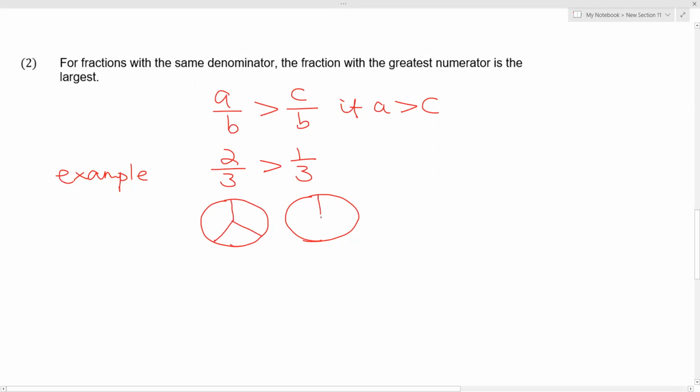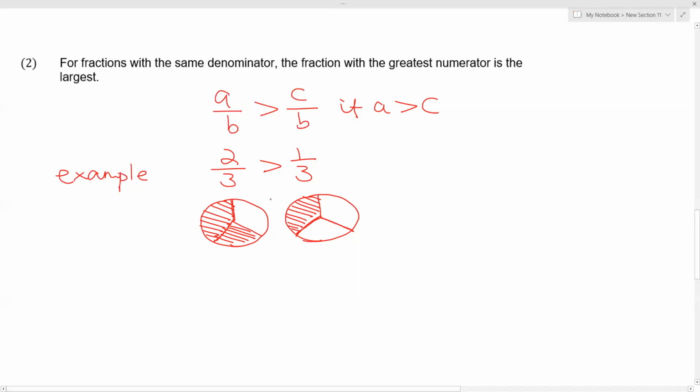We are dividing the pizza or the pie into 3 equal slices for both of the pies. Then we're taking 2 parts out of the first one, and only 1 part out of the second one.